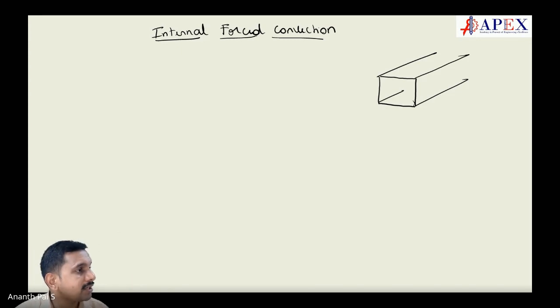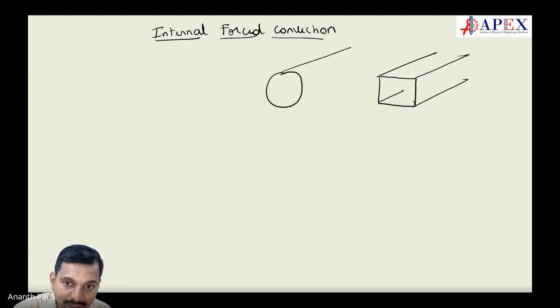There we have to understand what are the main points in all these duct flows. Can you tell me? What are the design considerations in duct flows? One is heat transfer, right? This is one of the things which is very important in industry.